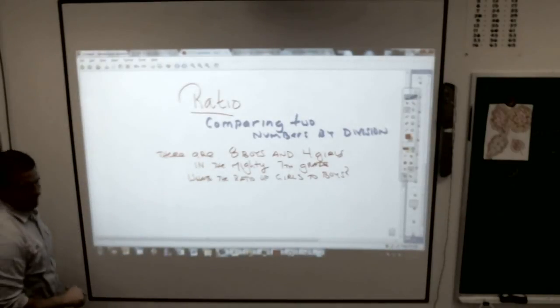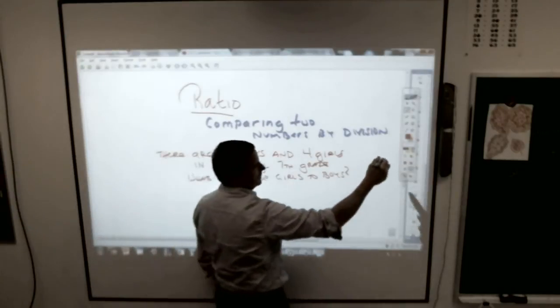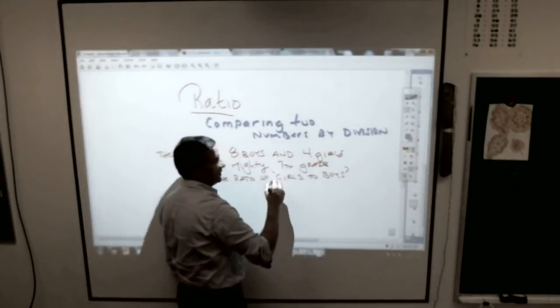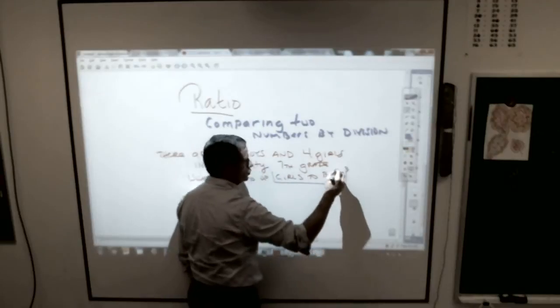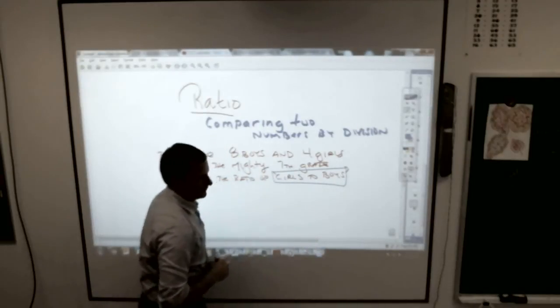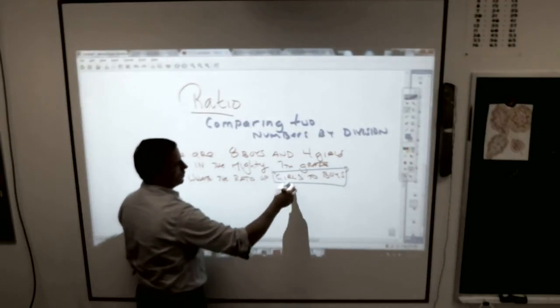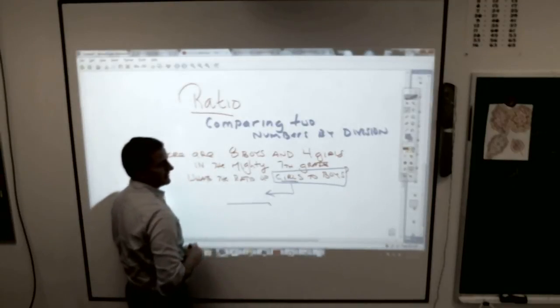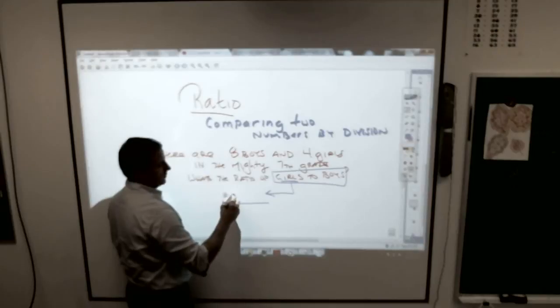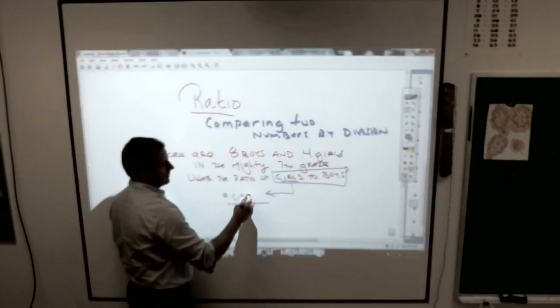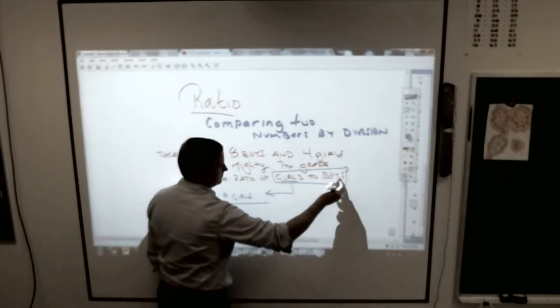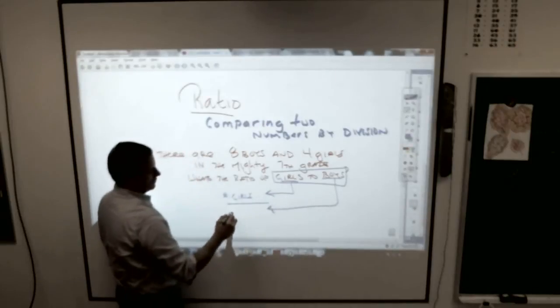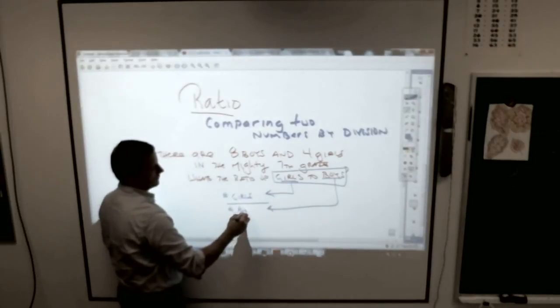Now, first things first, order matters very much. Here is the ratio you want: girls to boys. The first one listed, when you write it out in fraction form, goes on top. So you put the number of girls on top, and on the bottom the number of boys.